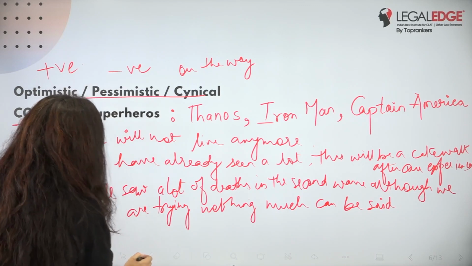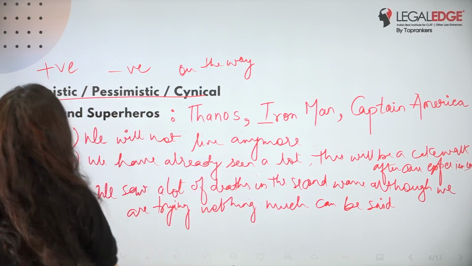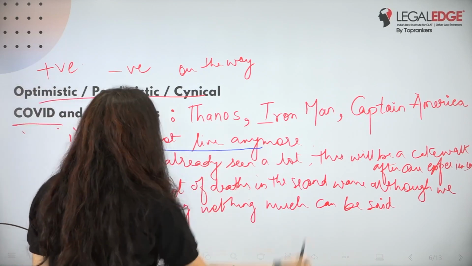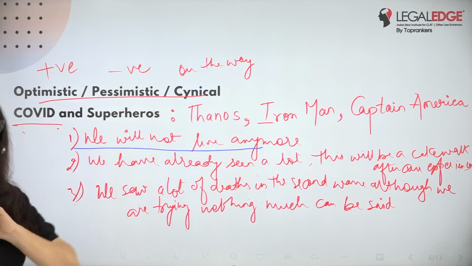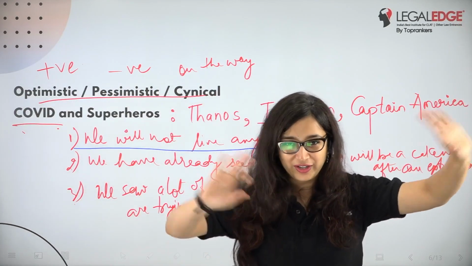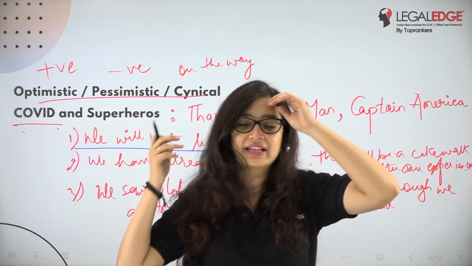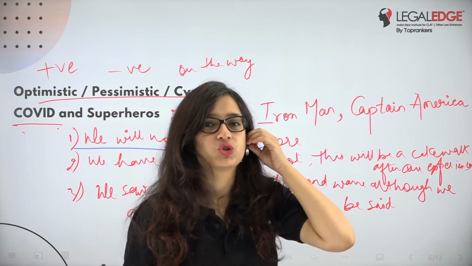अब यहाँ पे let me just make it easier for you by telling you the answers. The first one is we will not live anymore. इसका मतलब होता है कि it is negative. कि हम नहीं बचने वाले हैं, ये दुनिया खत्म होने वाली है, we are all going to die. क्योंकि अब COVID से कितनी बार लड़ेंगे, बहुत लड़ाई हो चुकी, अब सब परेशान हो चुके हैं.